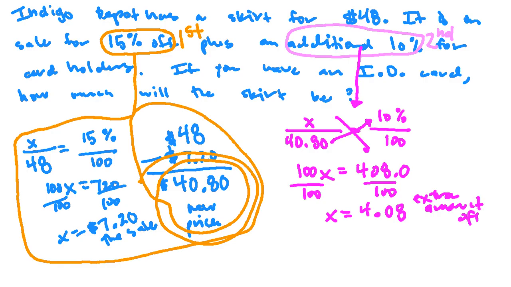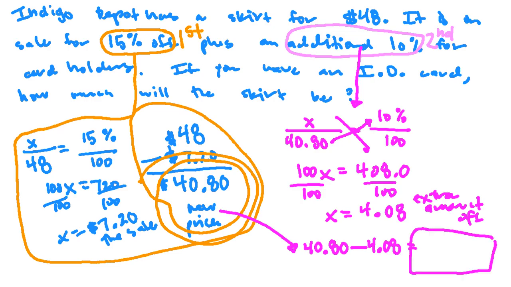So we've got $40.80 minus $4.08. And this is going to be the final ticket price if you have the card, which we do. We're going to pretend like we have the card. So your skirt ends up being $36.72.